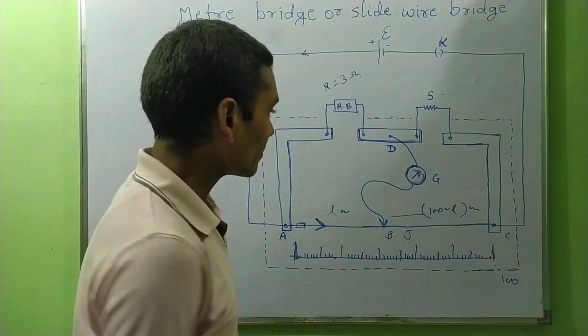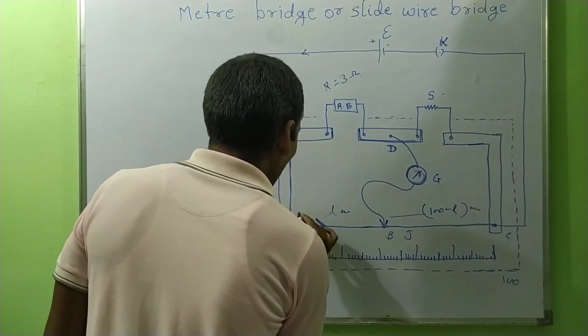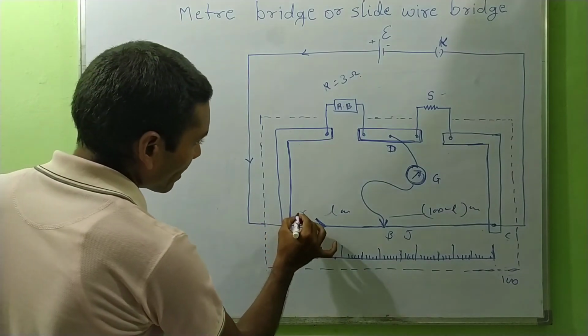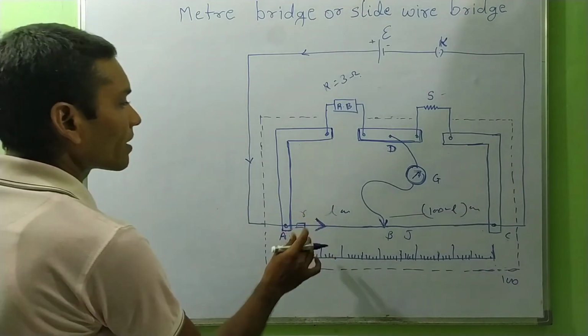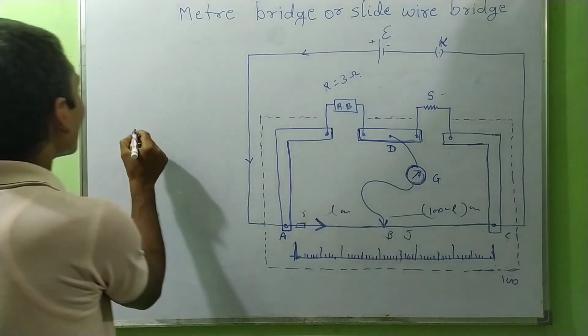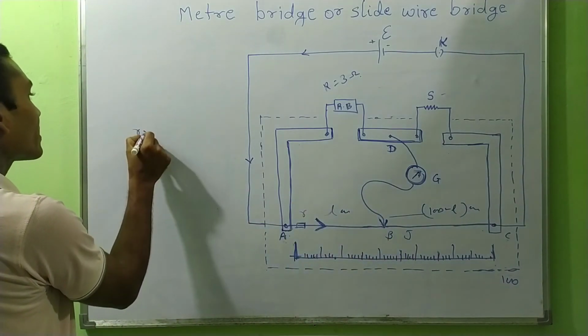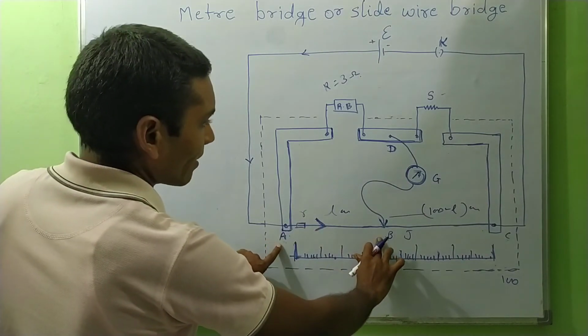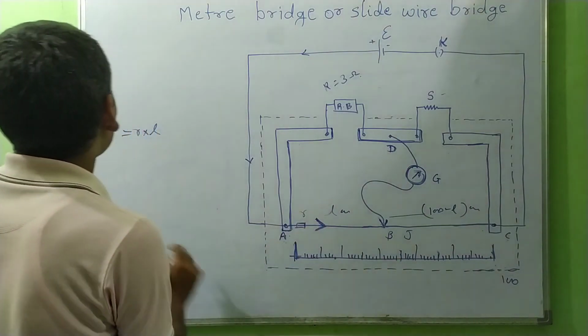Let the resistance per unit length of this wire be r. Then the resistance of length L will be the per unit length resistance into total length. This is the resistance of the L length wire.